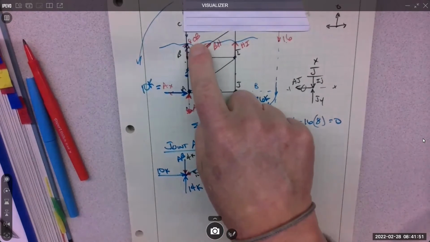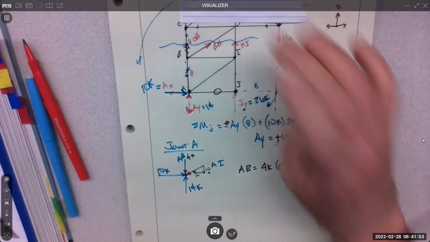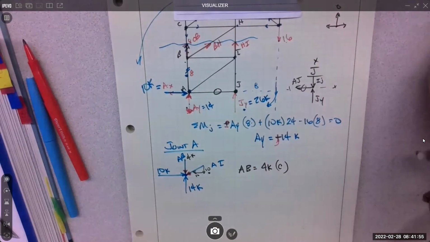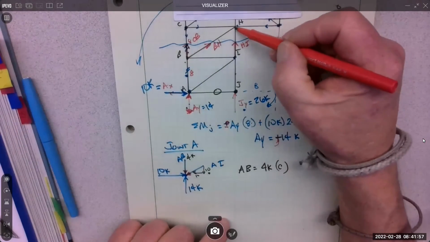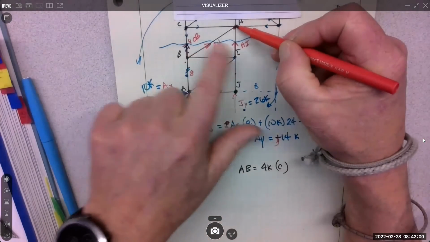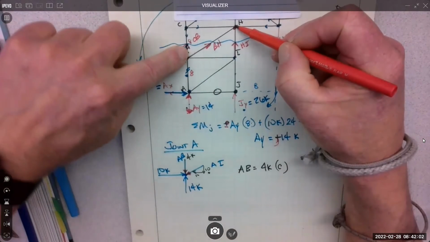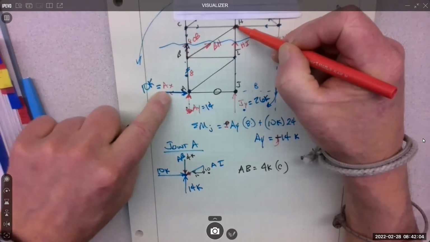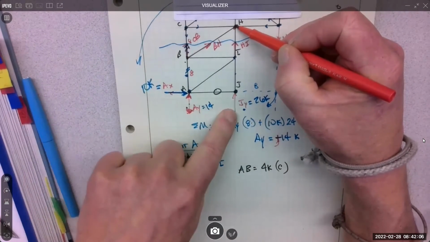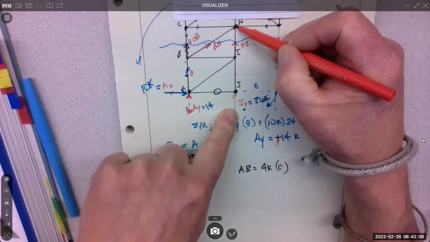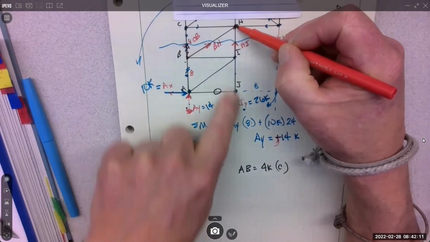How can we go directly to get CB? Yeah. Moment about H drops these 2 out. This will be my only unknown. Yes, moment about H, no moment from those because it goes right through the point.